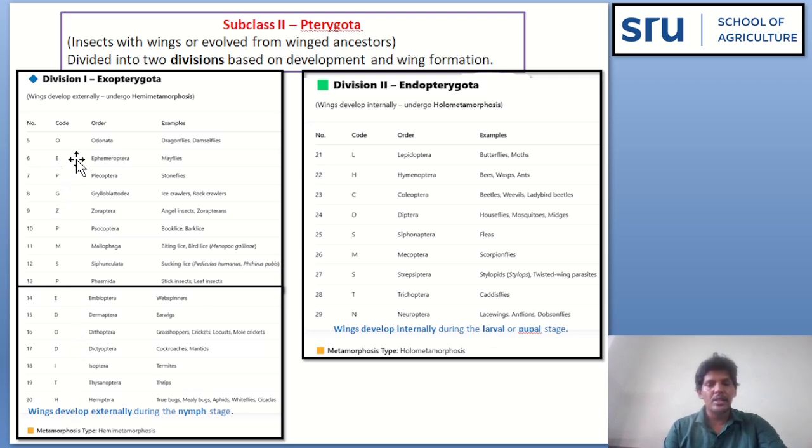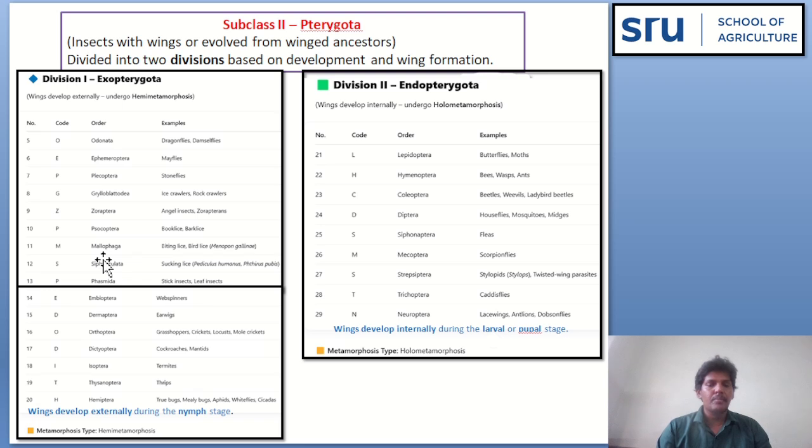O means Odonata, examples are dragonflies and damselflies. E means Ephemeroptera, example is mayfly. P means Plecoptera, example is stonefly. G means Grylloblattodea, examples are ice crawlers and rock crawlers. Z means Zoraptera, examples are angel insects and zorapterans. P means Psocoptera, examples booklice and barklice.